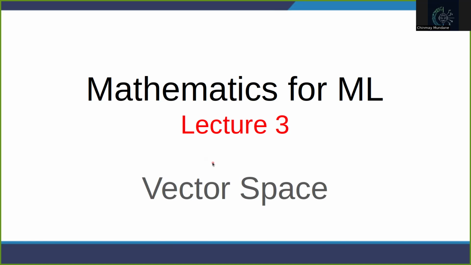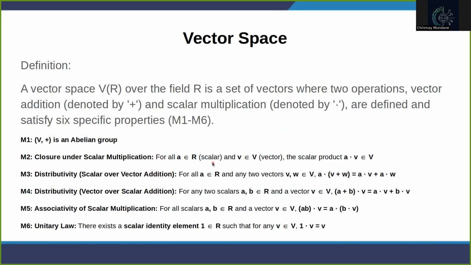So vector space. This is just a mathematical term, so we'll properly go over it. So what is vector space? As I told you, there are some vectors, a v1 vector, v2 vector, v3 vector. So all of them are closed under the loop in some vector space. So vector space, you can think of it as a box which stores all these vectors and which is a closed box.